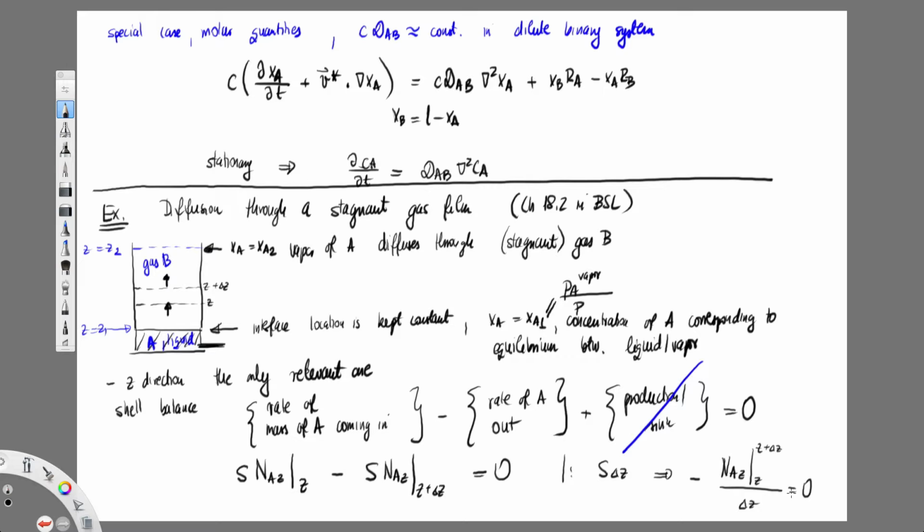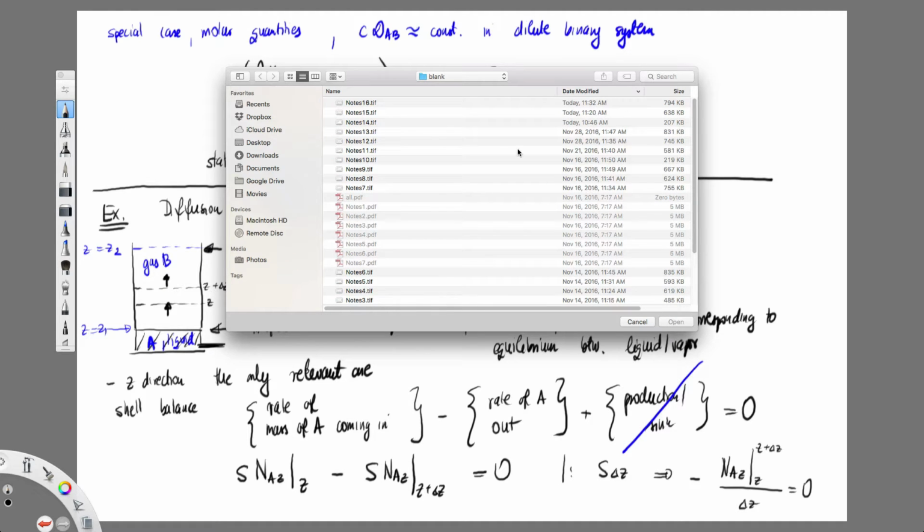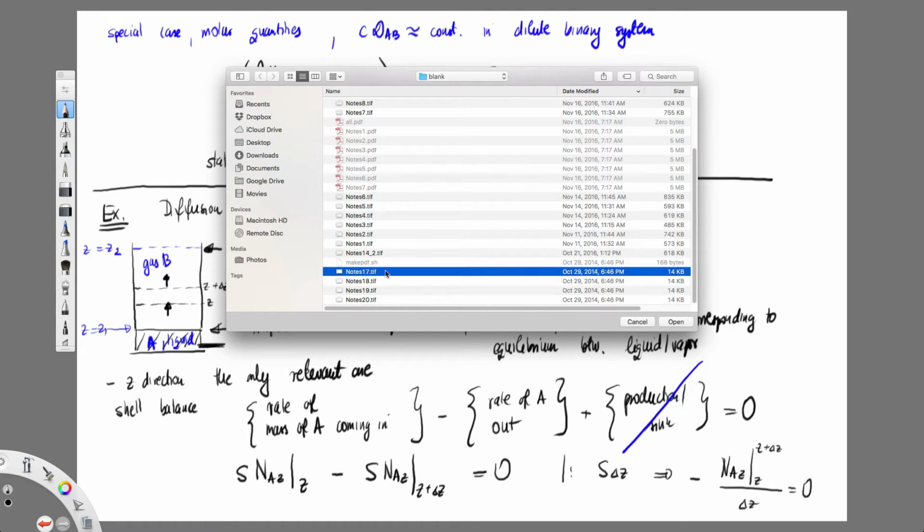And this, of course, becomes a differential equation. Everybody done? Okay.